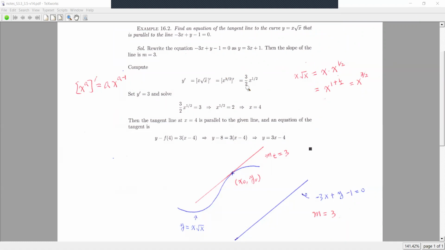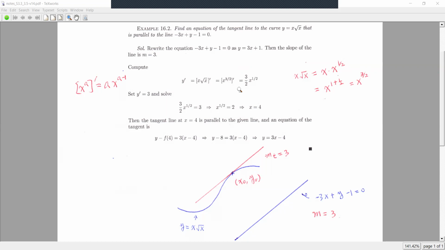This is the derivative of the given function, and also it is the slope of the tangent line to the graph of the given function at the general point x.